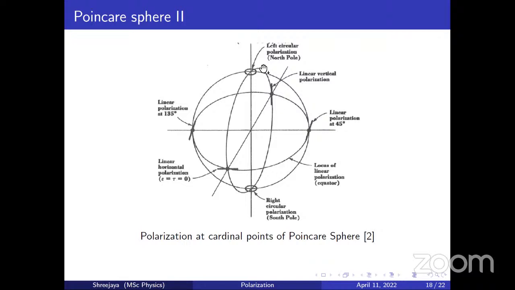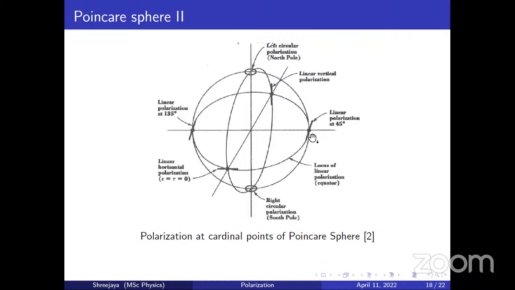The other one has the north pole and south pole. At the north pole, we have left circular polarization, and at the south pole we have right circular polarization. I already told negative 90 degree, positive 90 degree.